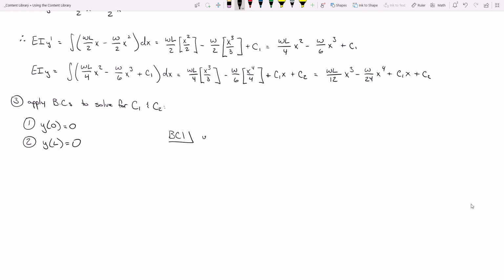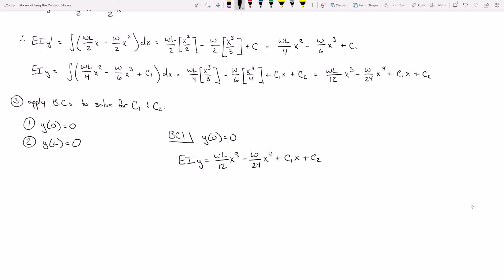So y of 0 is 0. Okay, well, what do we know? We know that EIy is WL over 12 x cubed minus W over 24 x to the 4th plus C1x plus C2. So what do we do?